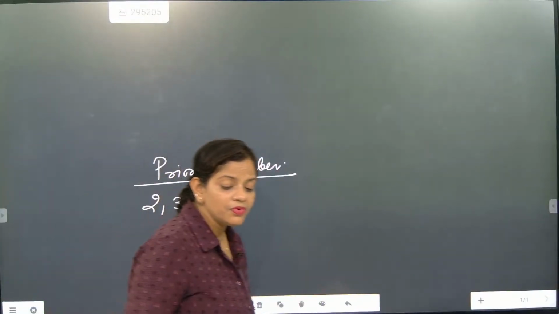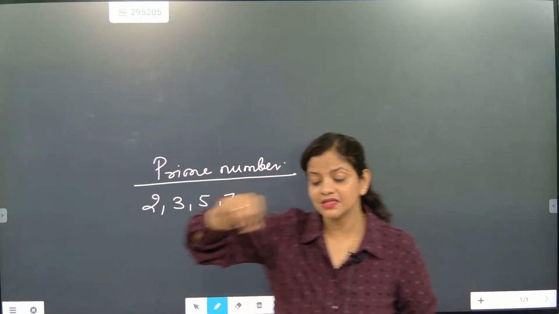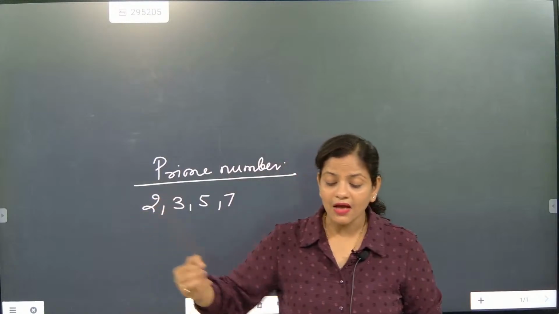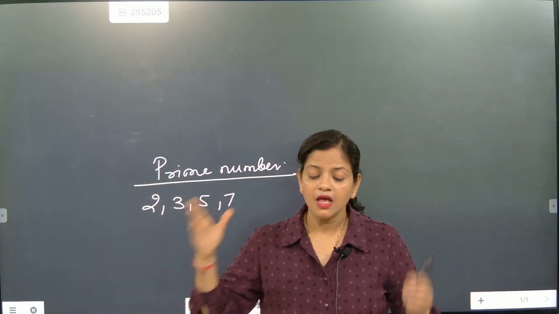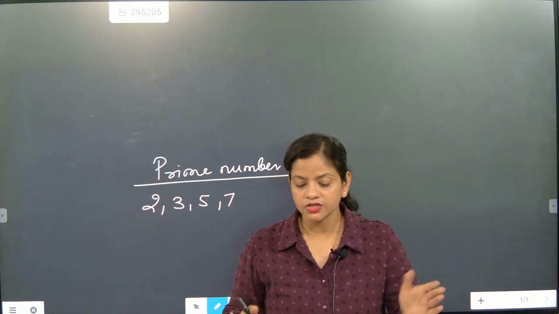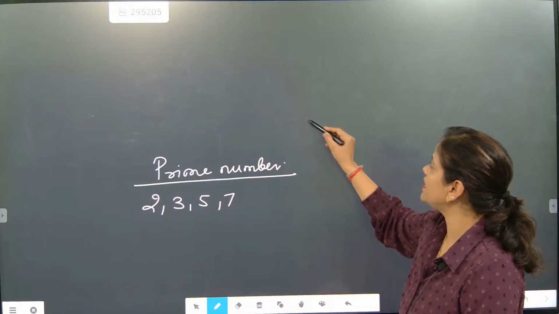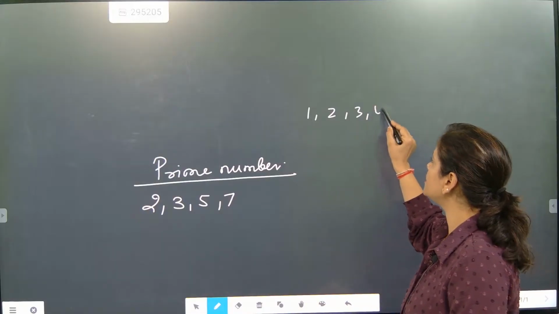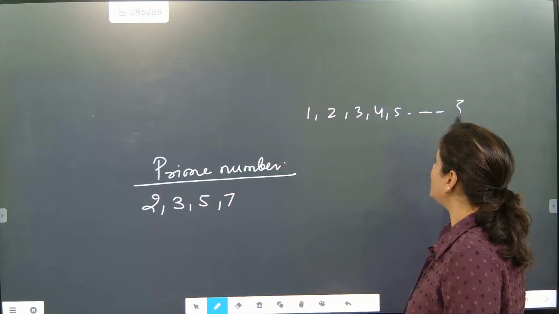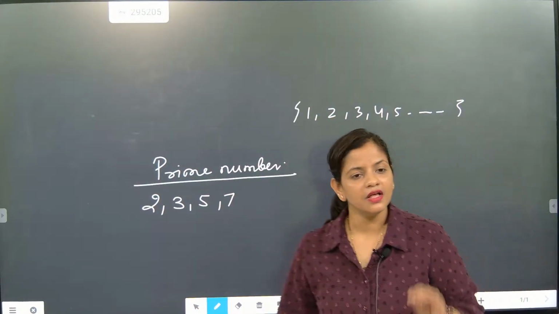Prime numbers are not in that number system where you have a sequence of numbers in a series pattern. When you write natural numbers, you start with 1, 2, 3, 4, 5, and you say this is the set of natural numbers.